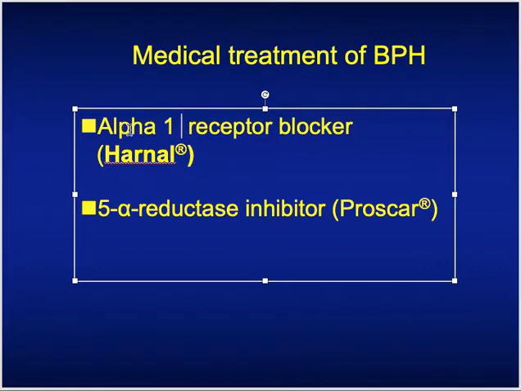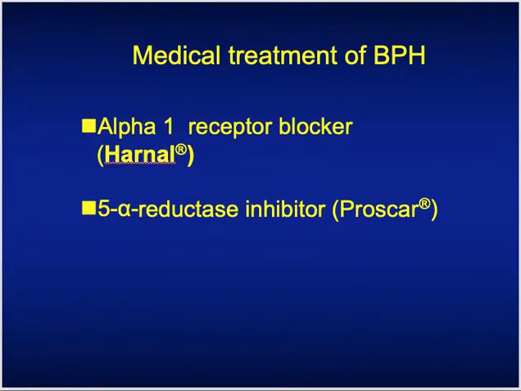These are the company names of the drugs. Basically, they relax the smooth muscles. Alpha 1 receptor blockade relaxes the smooth muscles, so we can put the patient on these drugs.